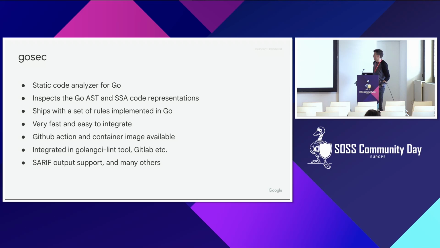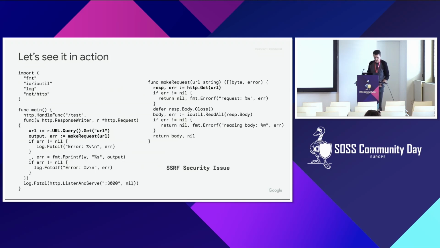You can use it through a middle layer, which is not directly visible to you. It also has now a standard output format, which is called SARIF, and it can be easily integrated in a tool like GitHub Advanced Security. We will see that afterwards. So now let's have a look at an example.